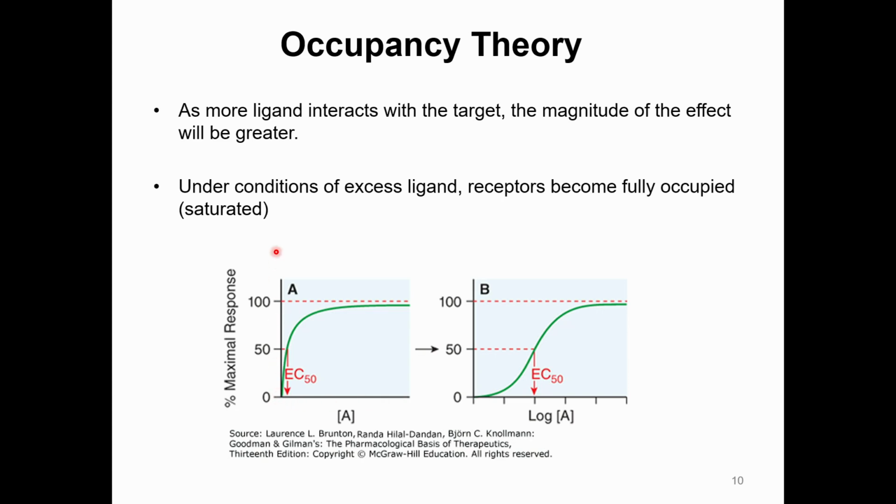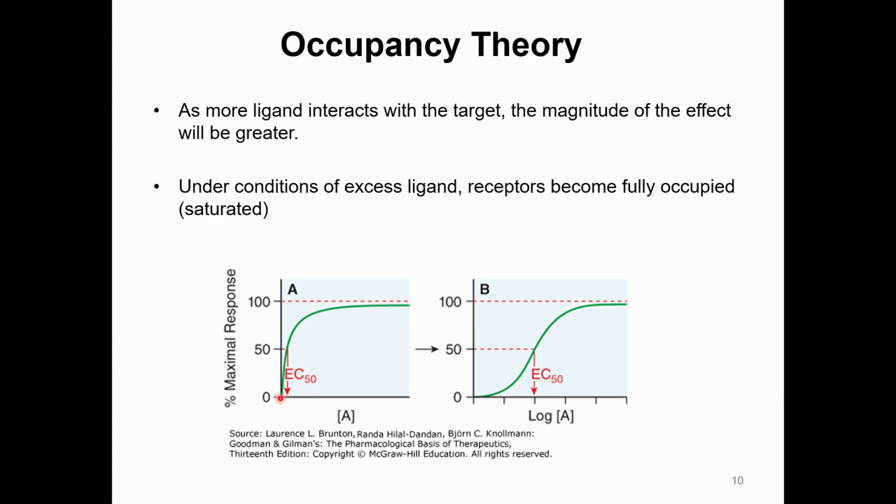And on the y-axis, we have the biological response. So maybe this is a drug that's supposed to increase heart rate. Once you add as much drug as possible, you can't increase beyond a certain point because the receptors get occupied. And it looks something like this.